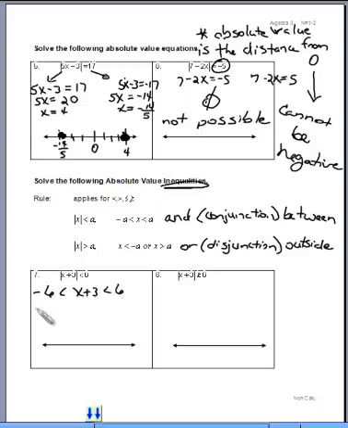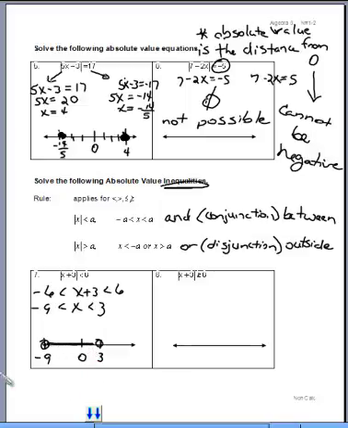And then you solve, subtracting 3 from both sides, you get negative 9 is less than x, which is less than 3. And that's your answer. So you have 0 here, 3 here, negative 9 maybe way down here. Open circles on both because it's not less than or equal to, it's less than. And you draw the line between the two.